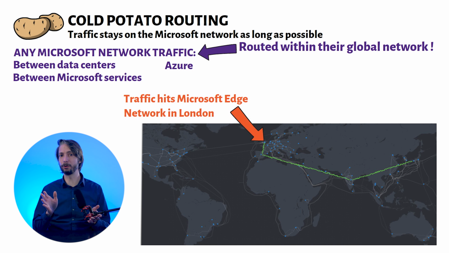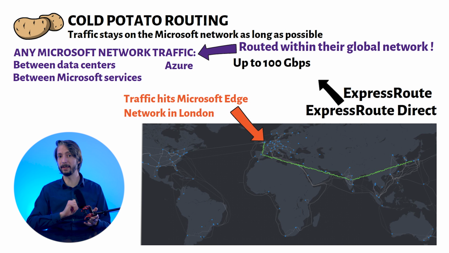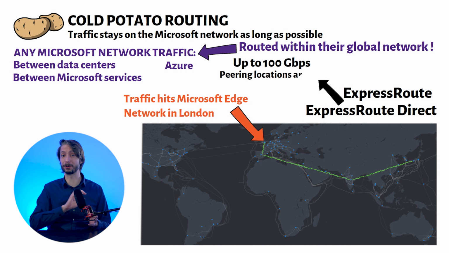For enterprises looking to connect their own data center or network to Azure, or customers with massive data ingestion or transit needs, ExpressRoute and ExpressRoute Direct provide options for up to 100 gigabits per second of bandwidth directly into the Microsoft Global Network at peering locations spread across the world.